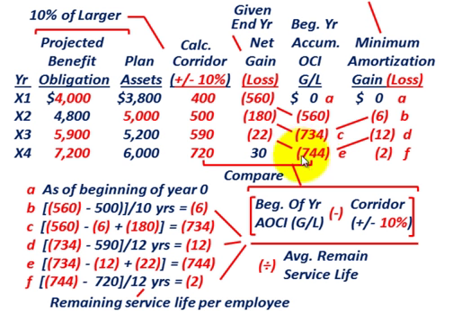And that accumulated other comprehensive income gain or loss is based on the ending amounts that you have from the previous year. Let's just go down it. You take the $734,000, and then you would be subtracting the minimum amortization from it because you've already amortized that amount.